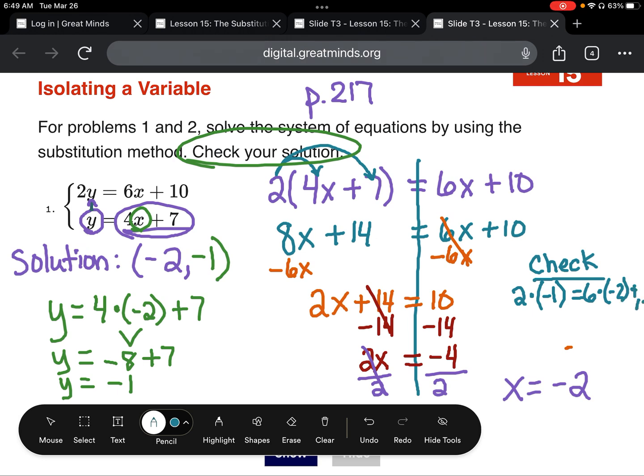That says plus 10. So 2 times -1 is -2. 6 times -2 is -12, plus 10. -12 plus 10 is -2, and -2 does equal -2. So check, my solution checks out, right? It works in that equation.